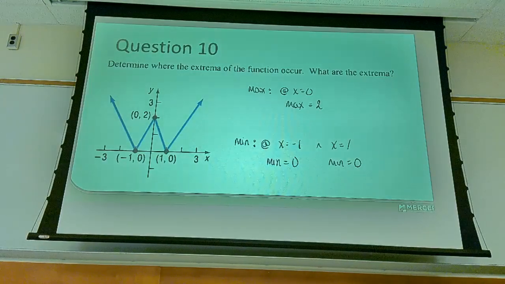Correction. Extrema is plural. Extremum is singular. Because maximum is singular, and maxima would be plural. This is why man invented the search engine.